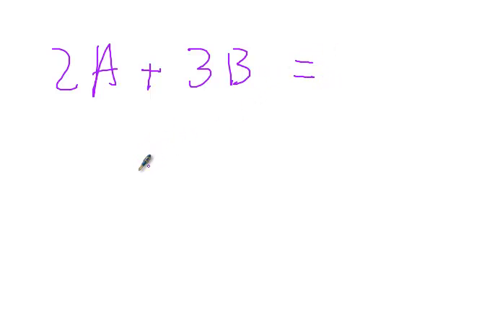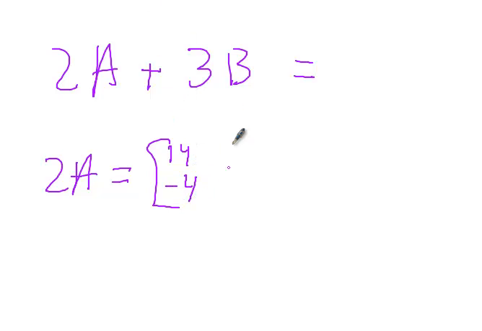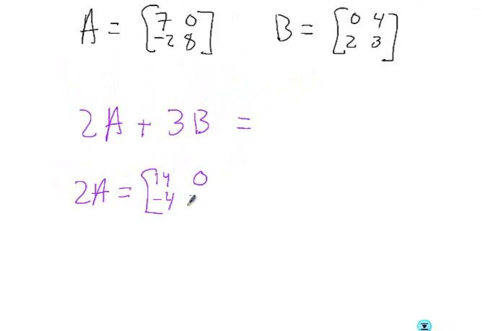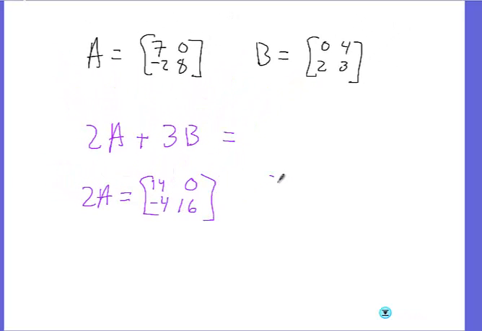First, let's find out what 2A is. 2 times 7 is 14. 2 times negative 2 is negative 4. 2 times 0 is 0. 2 times 8 is 16. 3B is 3 times 0 is 0. 3 times 2 is 6. 3 times 4 is 12. 3 times 3 is 9.